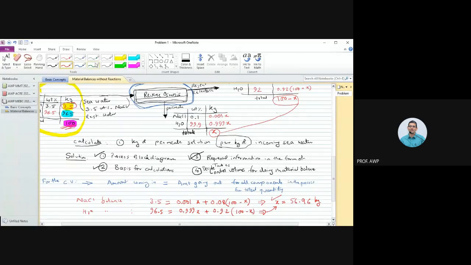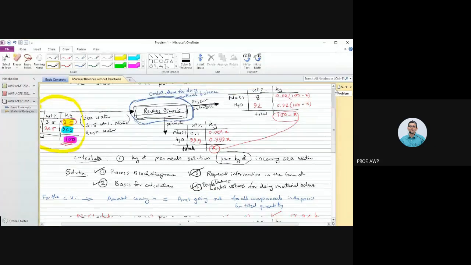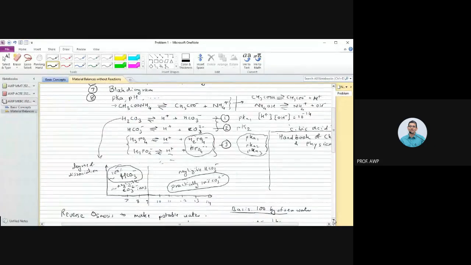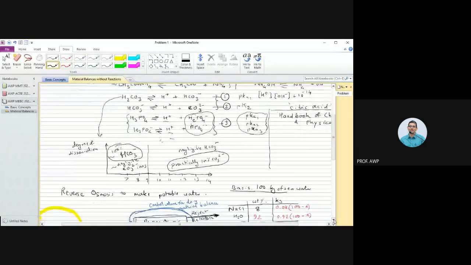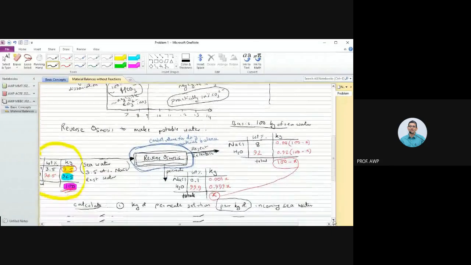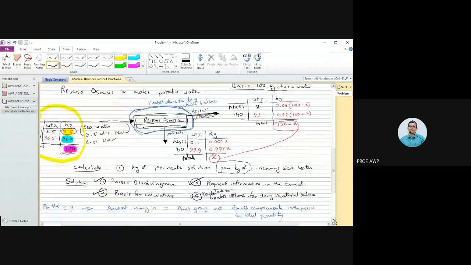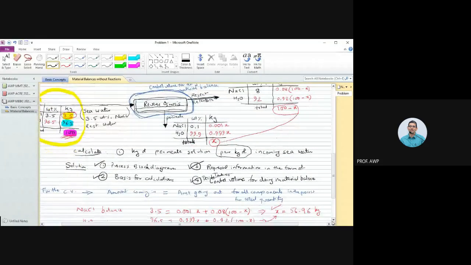Right. So this is how we are going to solve our problems. Now, have we got our answer? No, we have not got our answer. We have got a value of x. X is 56.96, or 56.9, or 57 if you want. So these are approximately 57 kgs.